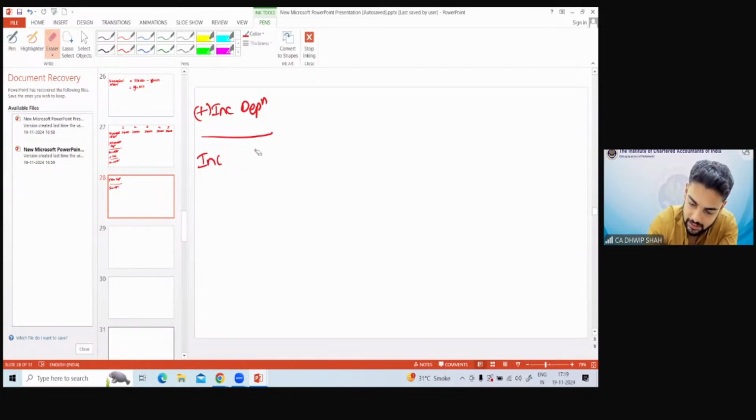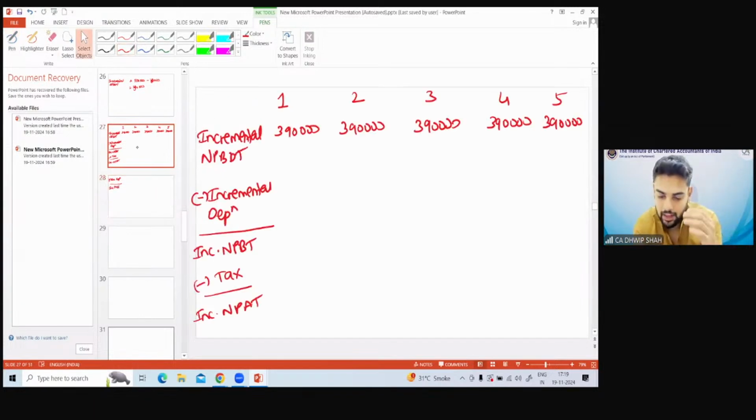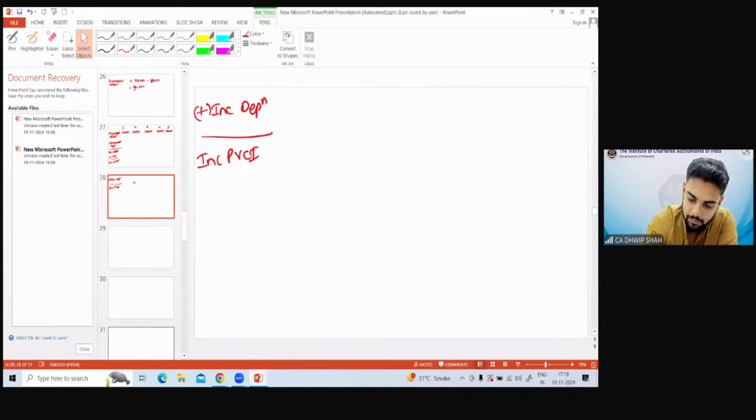Are you following, friends? See, now instead of just taking NPBDT, depreciation, NPAT, we are taking incremental NPBDT, incremental depreciation, we will get incremental NPBT, less tax, we will get incremental NPAT, and then we will get incremental PVCI. Sorry, not PVCI, but just incremental cash inflows. For present value, we need to multiply it with the discounting factor. So this would be just incremental cash inflows.